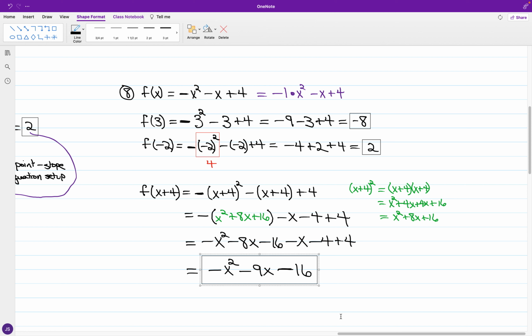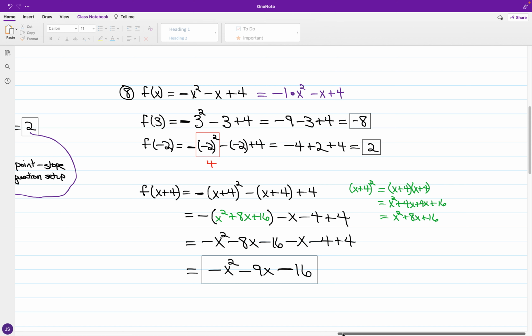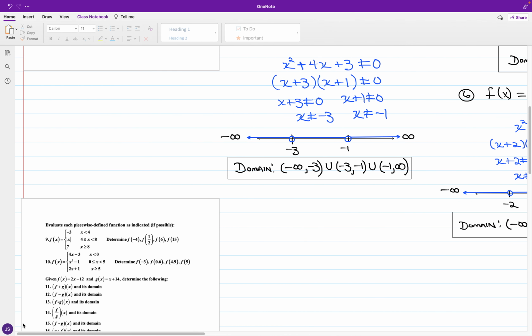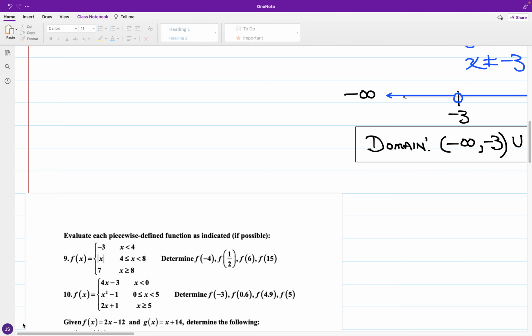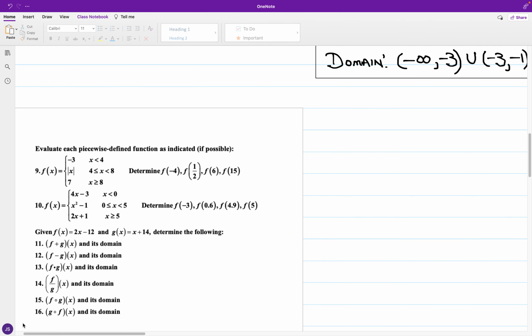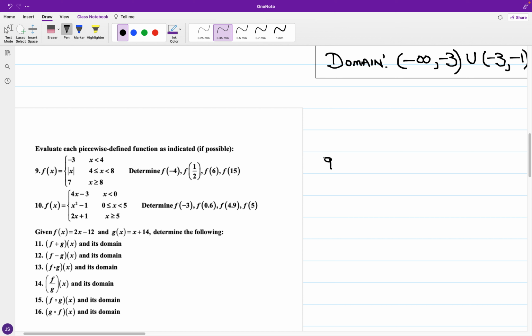All right, now for what we have in the next group, we have crossing over to working with piecewise defined functions. And for number 9, you have f of x partitioned into 3 separate sections, and looking at the various values for the inputs specified.